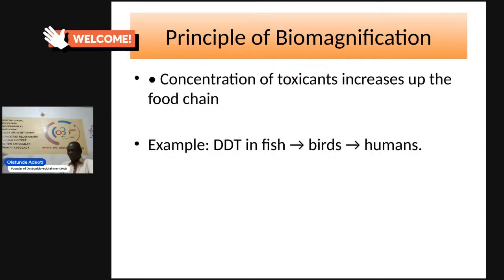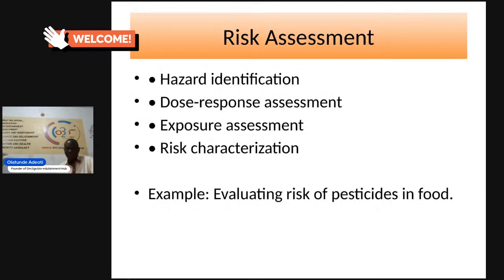The fish will bioaccumulate DDT. Then when the fish is eaten by birds, the birds will also bioaccumulate it, and the human being who later consumes the bird will too. You can see that the concentration of toxicants increases up the food chain, and that is what we call biomagnification.